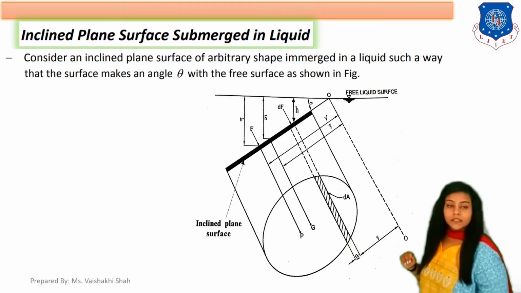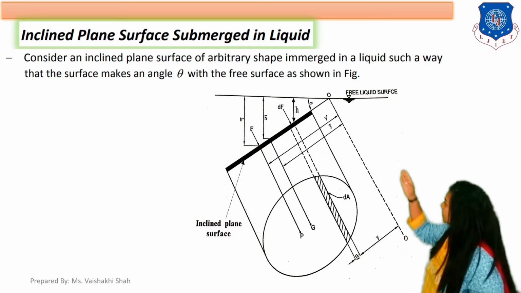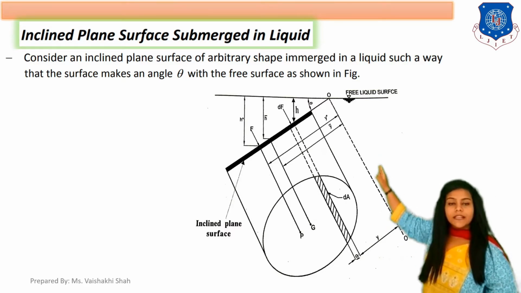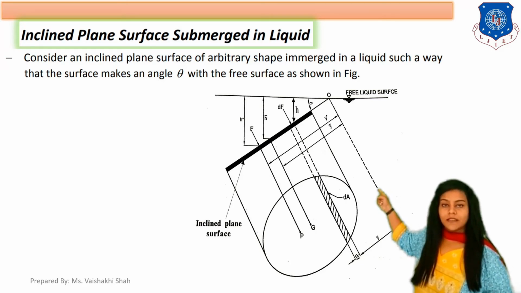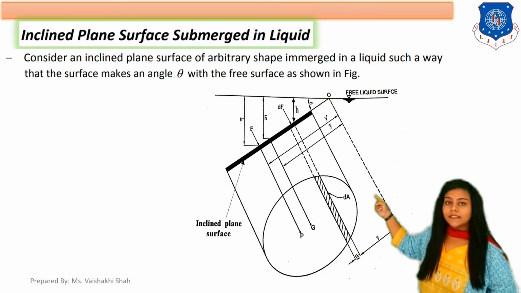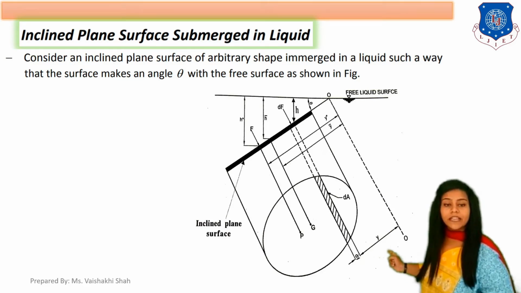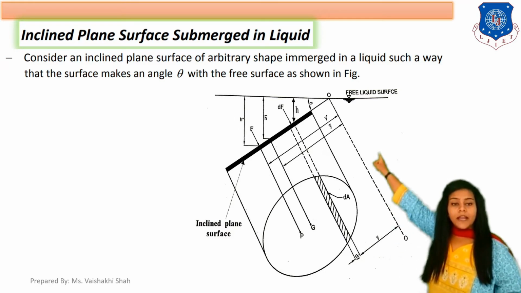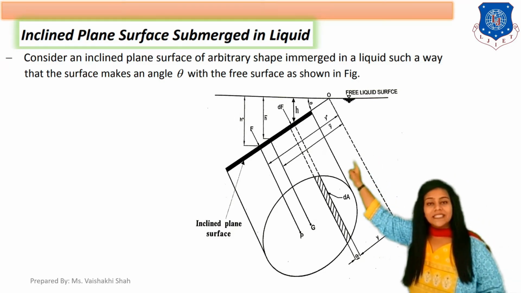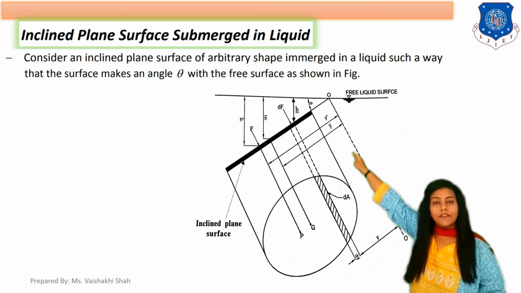Now the next part in this derivation is the OO axis, as you can see indicated in the figure. The distance of the center of gravity from the OO axis is indicated as y bar. The distance of the center of pressure from the OO axis is indicated as y star.